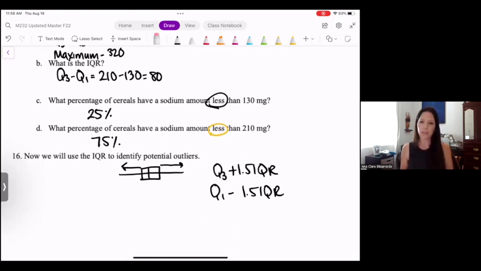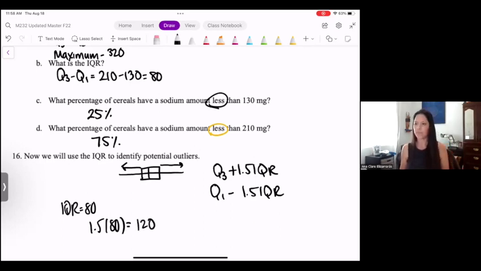If our interquartile range is 80, then 1.5 times 80 is going to give us 120. Now we're going to take 120 and add it to our third quartile and subtract it from our first quartile. Q3 was 210, Q1 was 130.